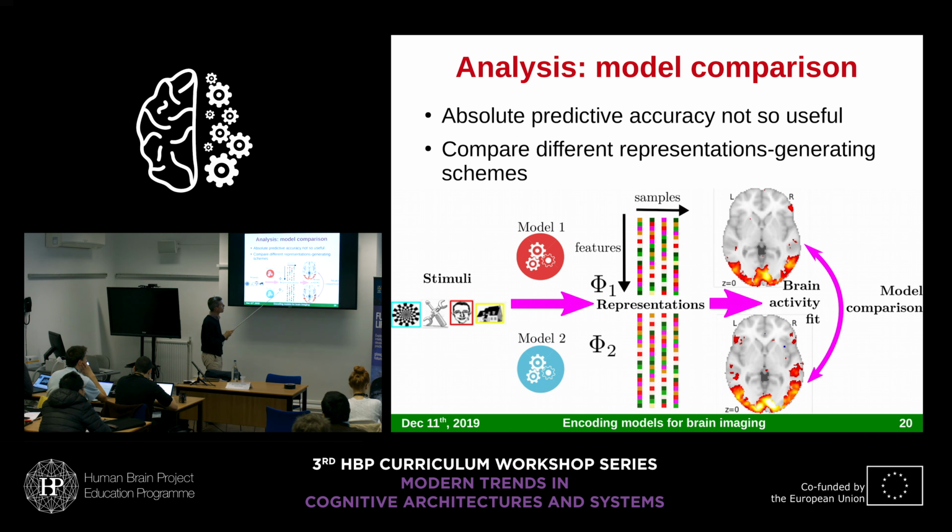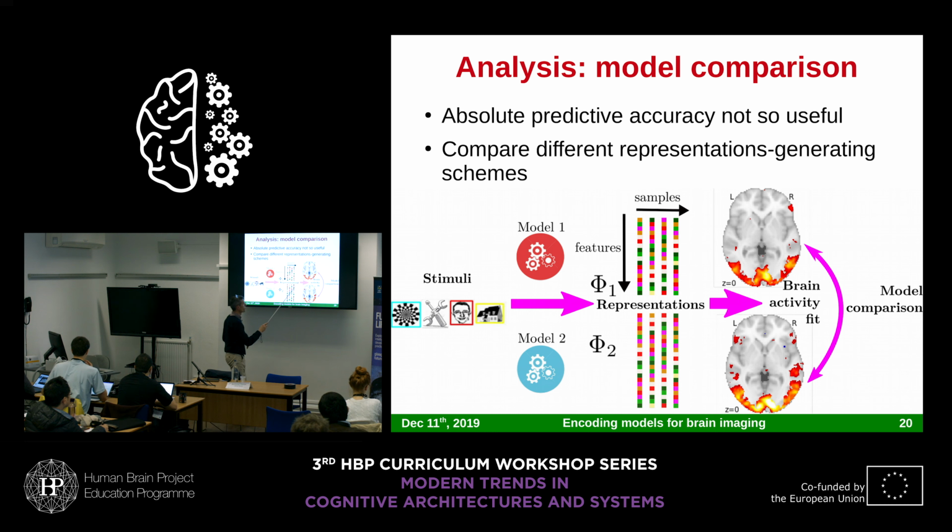And so for the different stimuli, so different samples of your experiments, you generate these different features, which correspond to your encoding model, the phi. And then you will see how well this phi1 representation explains brain activity in different locations using the R-square statistics, which I introduced previously.